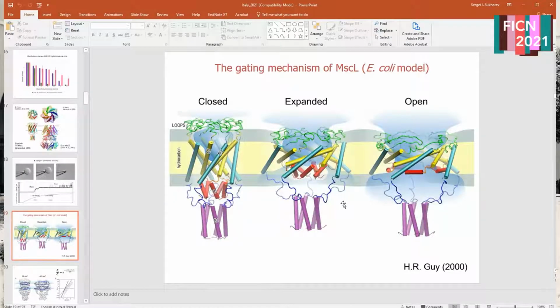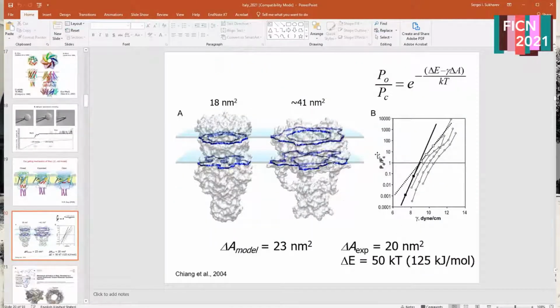So very recently, essentially, the expansion of the pore, the in-plane expansion, the increase of the in-plane area, is approximately 23 square nanometers according to Bob Guy's model, and 20 square nanometers according to the slope of the dose response curve.